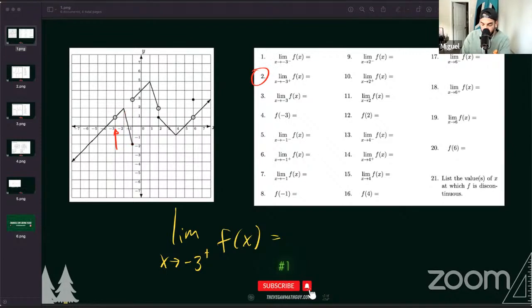So what happens as our function approaches -3 from the right side? It's about 1 again. It's not necessarily that it's 1, but it's approaching 1. That's not the actual value at -3, but it's just approaching it.